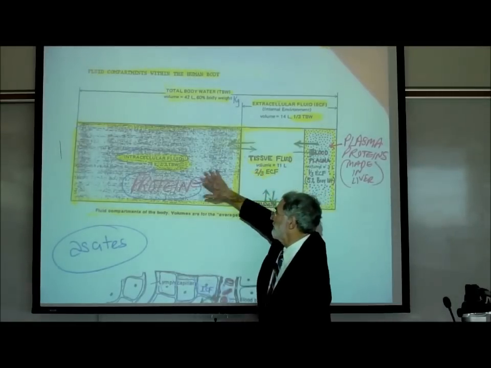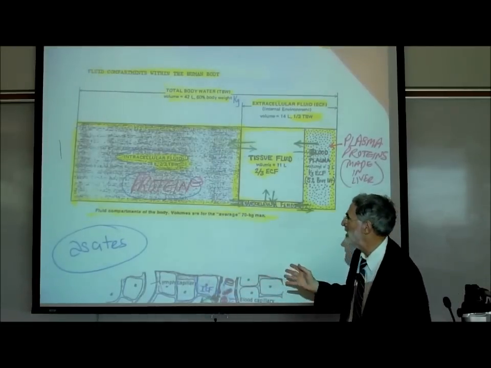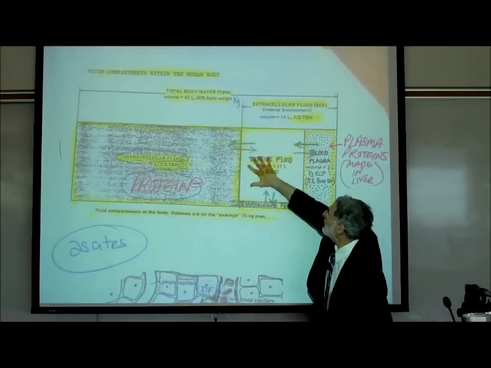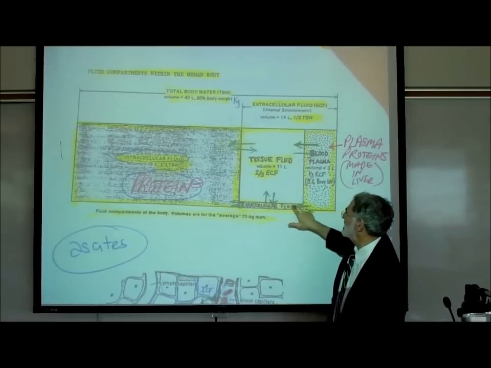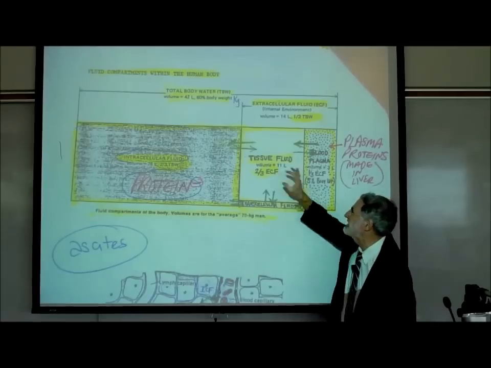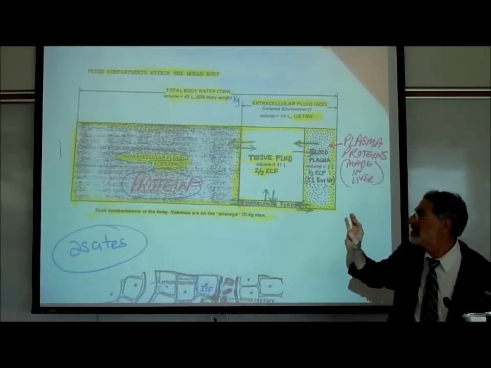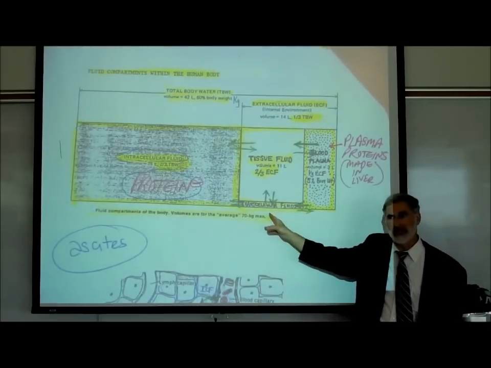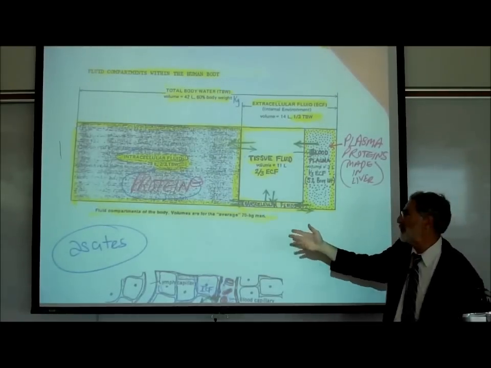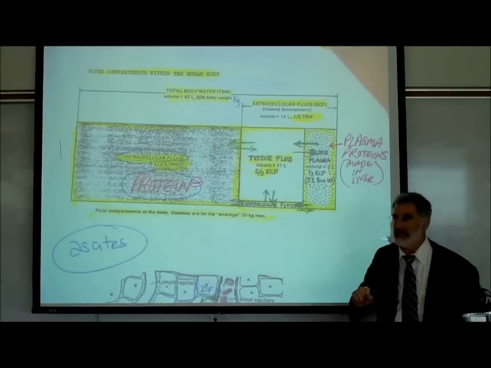So there's a lot of protein in cytoplasm. Notice it's clear in tissue fluid and transcellular fluid to represent the fact that there is normally 0 protein in tissue fluid and 0 protein in transcellular fluids, such as cerebrospinal fluid and peritoneal fluid.